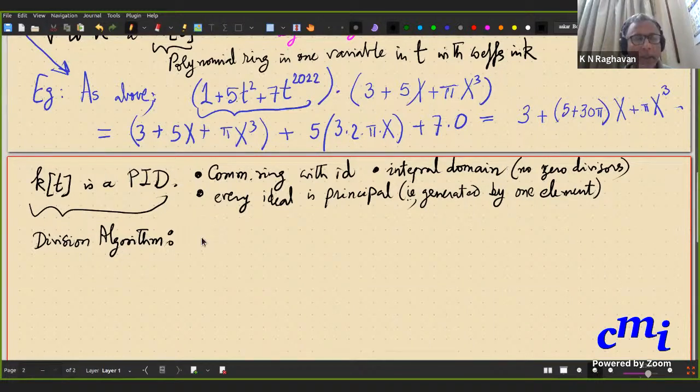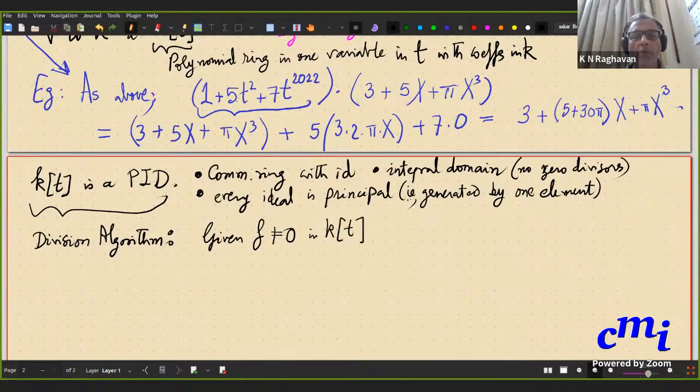So let me say it: given f not equal to 0 in K[t], so I am given a polynomial f, and I'm going to divide by f, and you give me any g in K[t]. The condition on f is that it is non-zero because I'm going to divide by f.